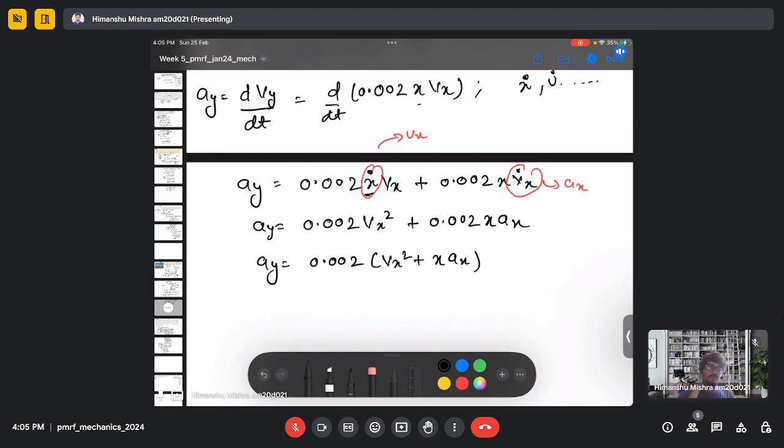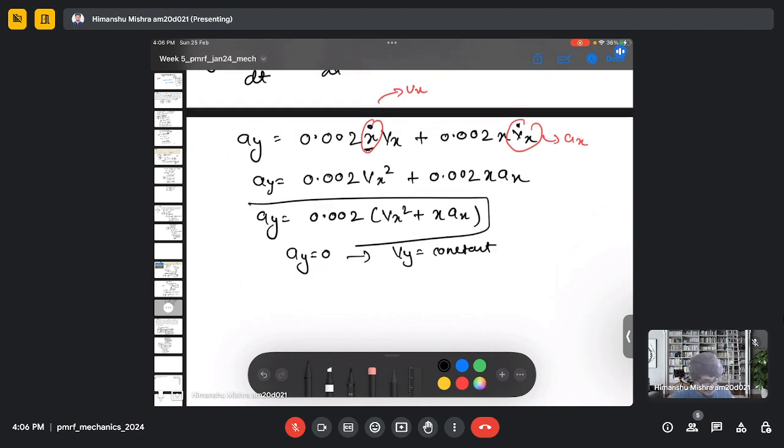Now it is given in the question that the vertical velocity component Vy is not changing, it is a constant, which means that the acceleration in that direction should also be constant, because acceleration is the rate of change of velocity. The vertical component of velocity is not changing, which means the vertical acceleration should be 0, because Vy is constant.